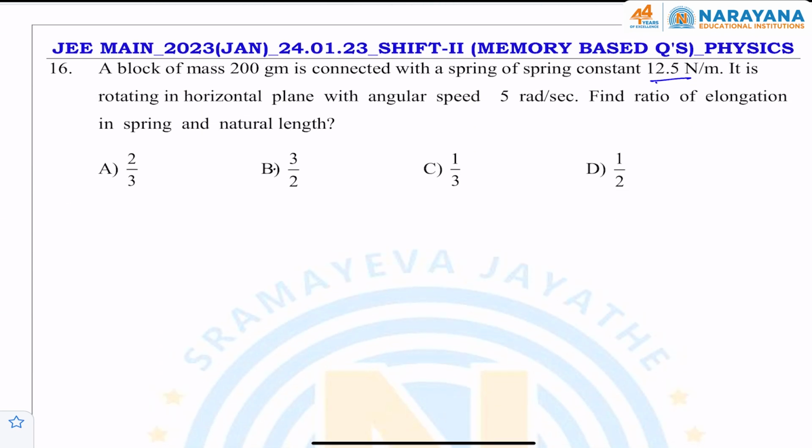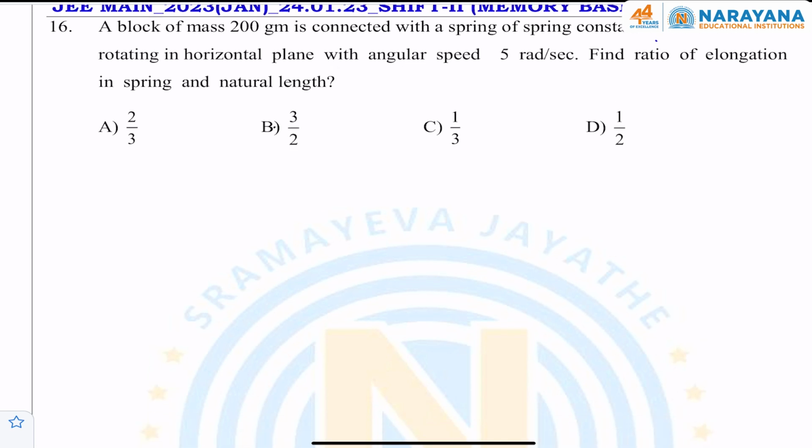Next, 16th question. A block of mass 200 gram is connected with a spring of spring constant 12.5 Newton per meter. It is rotating in horizontal plane with angular speed 5 radian per second. Find ratio of elongation in spring and natural length.